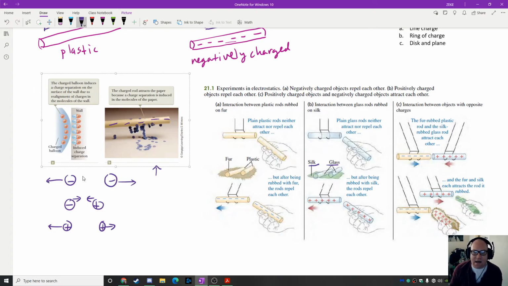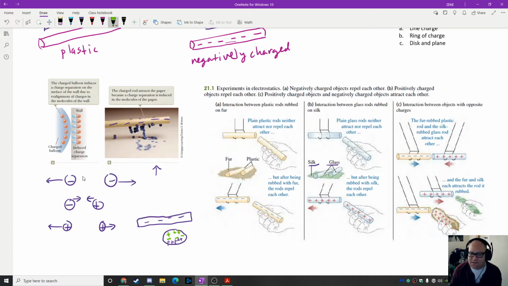So the same thing is happening in these little pieces of paper right here. Here's your little bit of paper, and here's your rod that you bring close that's negative. The same kind of idea happens, that the negative charges within the paper get pushed away, and the positive charges end up closer to the top.